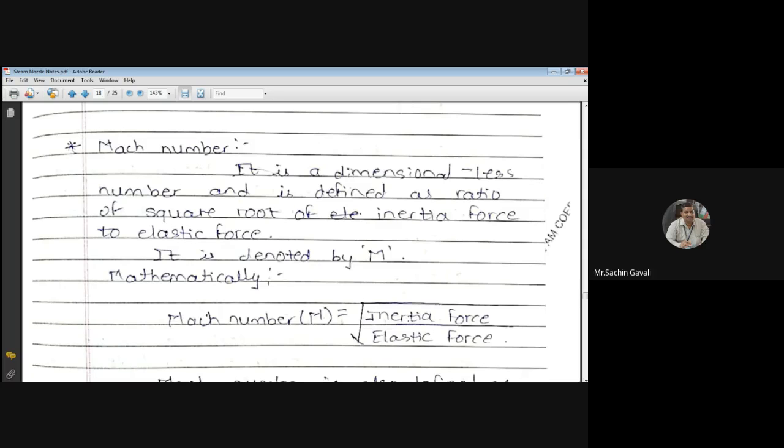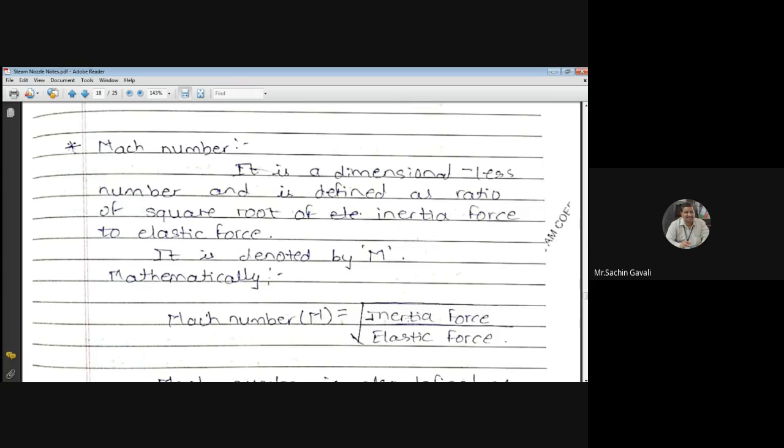ratio of square root of inertia force to elastic force. मॅक नंबर म्हणजे काय, स्टँडर्ड डेफिनेशन काय त्याची, it is square root of ratio of inertia force to elastic force.